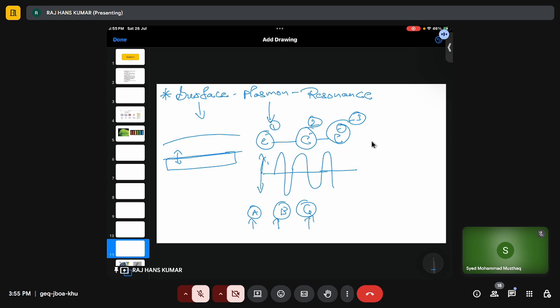The same goes for electrons. When these three electrons are oscillating, we call it a collective oscillation. You can call it a collective electron wave. And plasmon is nothing but the collective oscillation of electrons.